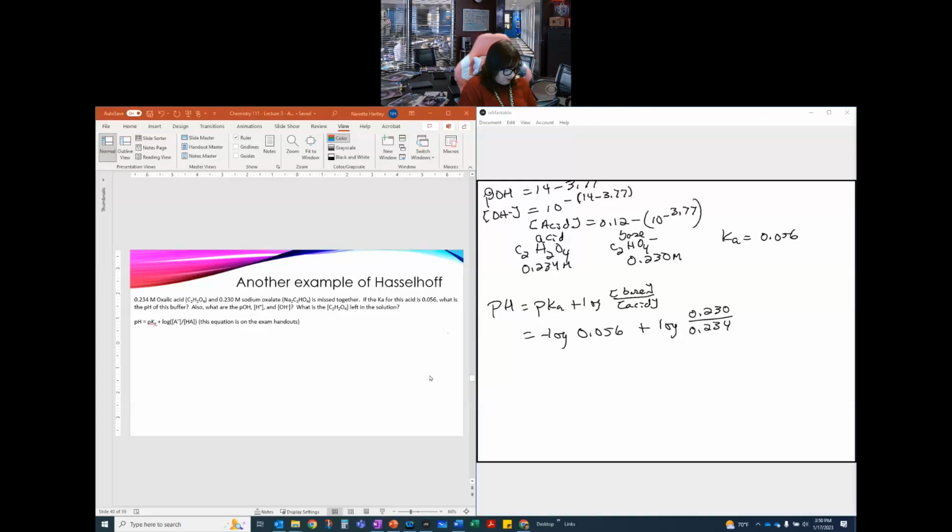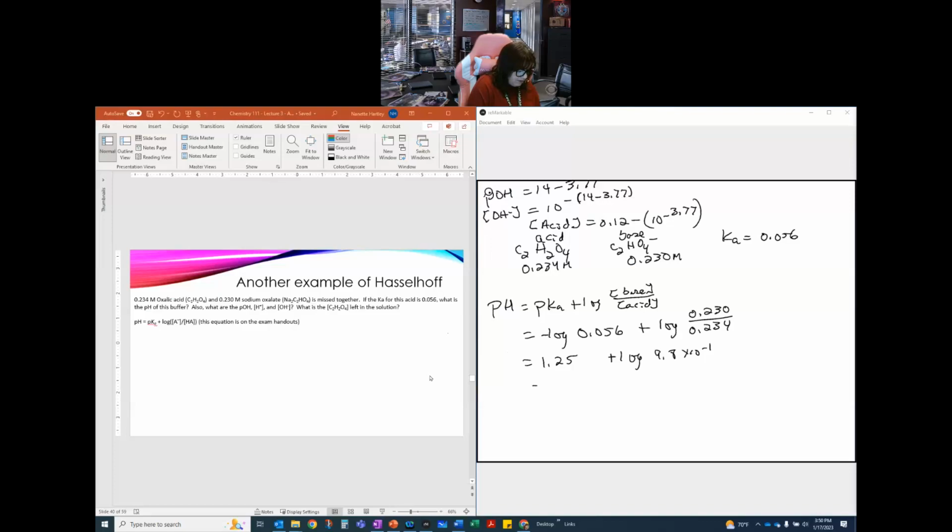I do some happy math, and I take the negative log of the 0.056, and that gives me 1.25. I have plus the log of 0.23 divided by 0.234, 9.8 times 10 to the minus 1, so 0.98. I take the log of that answer.